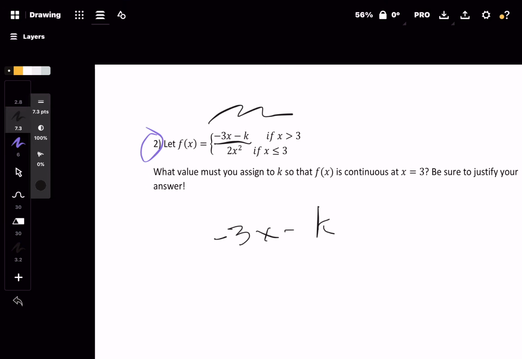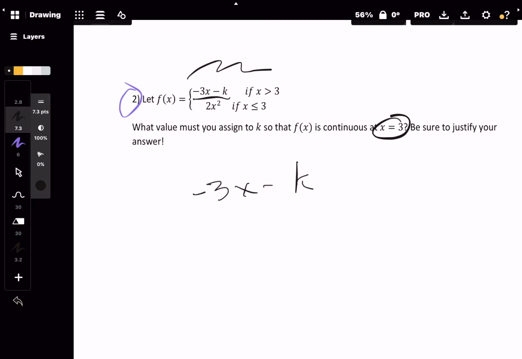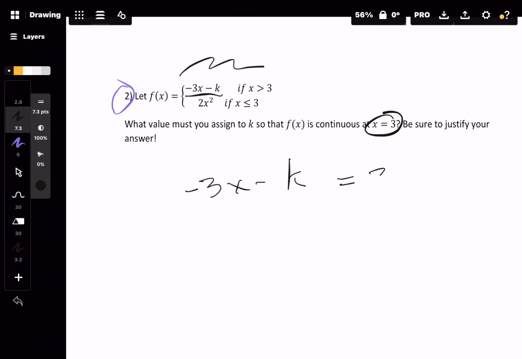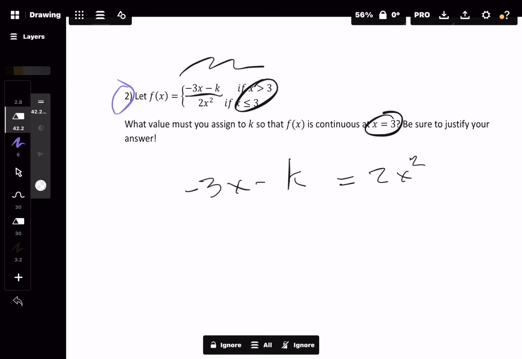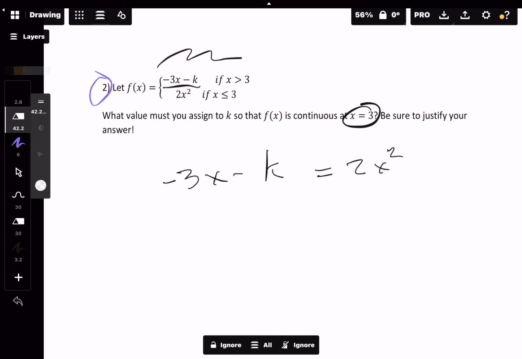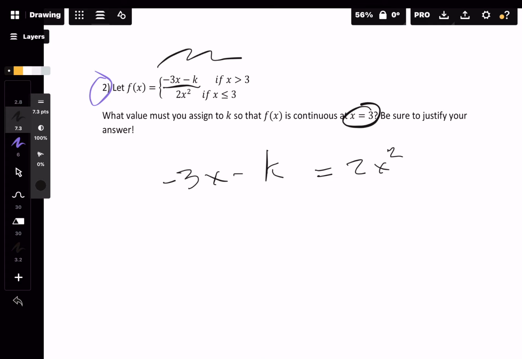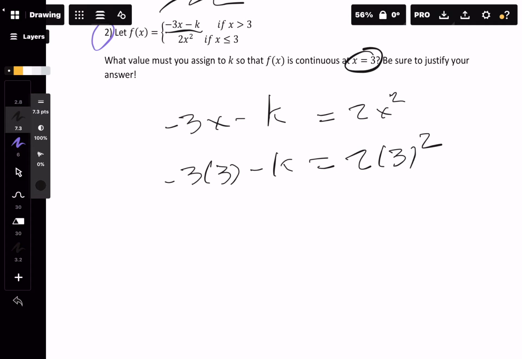-3x minus k. The only reason we're doing this is it has two different values. We're going to find that x equals 3. So let's do that. This must equal 2x squared, since if this must be continuous, these two must be equal to each other. So there we go. And now we have to solve this. -3 times 3 minus k equals 2 times 3 squared.